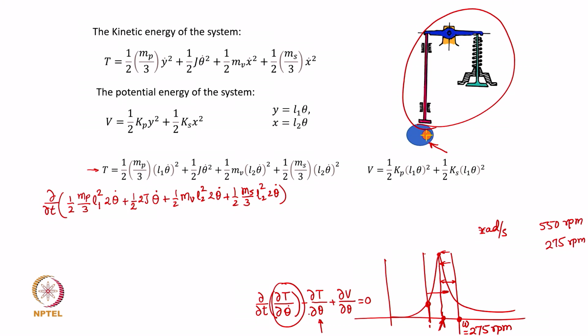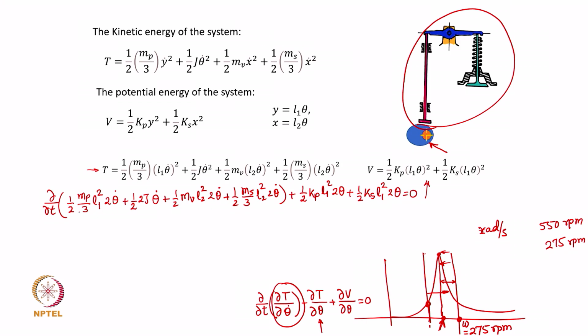So, this value is going to be 0 for this case, and plus dou V by dou theta, which means that you find out the derivative of this with respect to theta, and then of course, I can get this as half kp L1 square 2 theta, and plus half Ks L1 square 2 theta equal to 0.